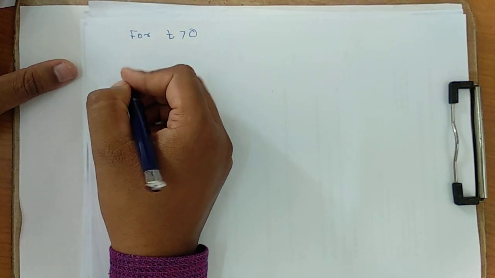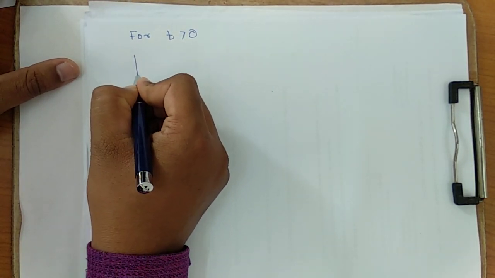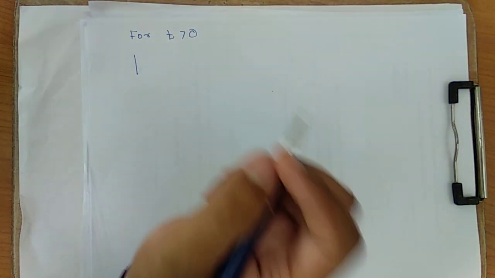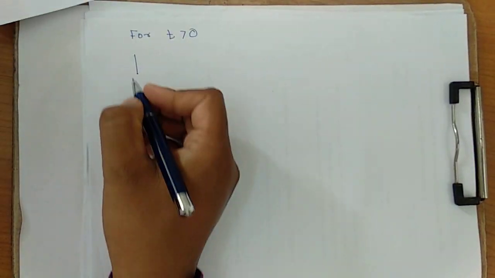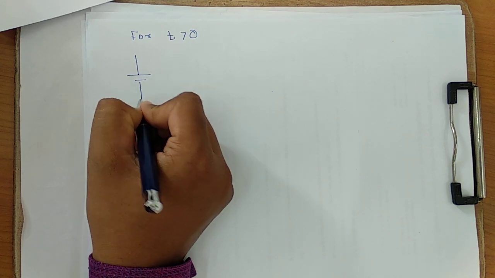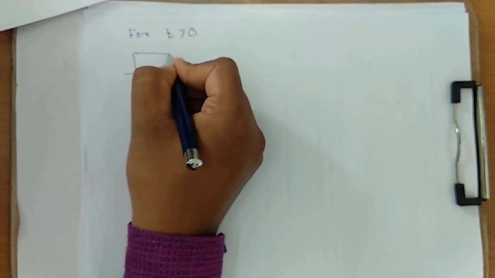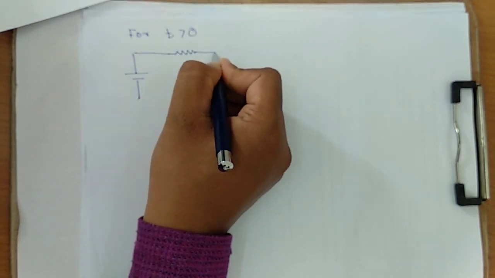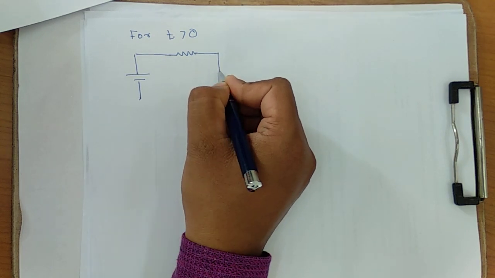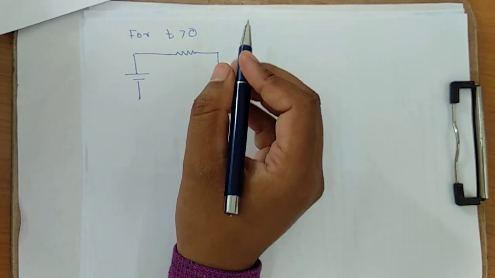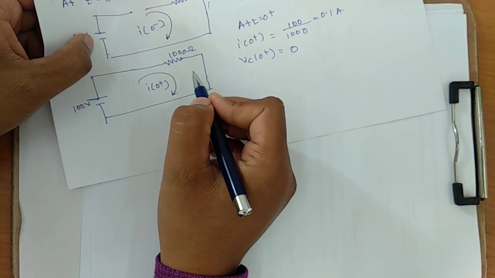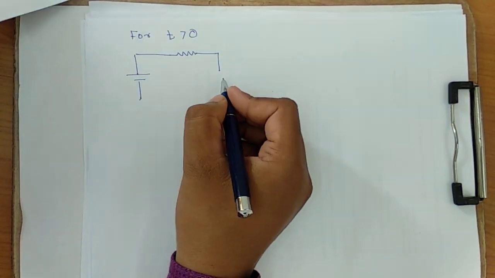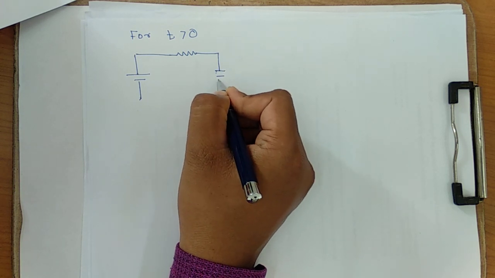In the original circuit at 0 plus there is a voltage source, so the voltage source will be as it is. Next, the switch is closed and the resistor will be there. Now what will be the effect on the capacitor? Gradually, when the current is moving through that capacitor, some voltage will be generated across that capacitor.